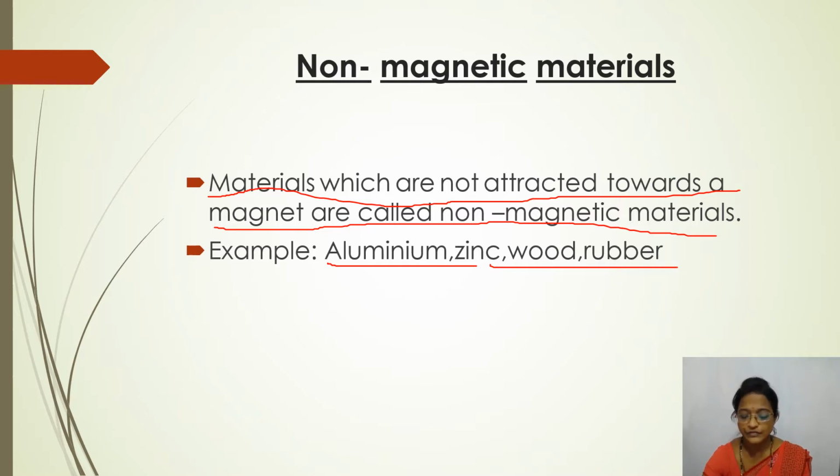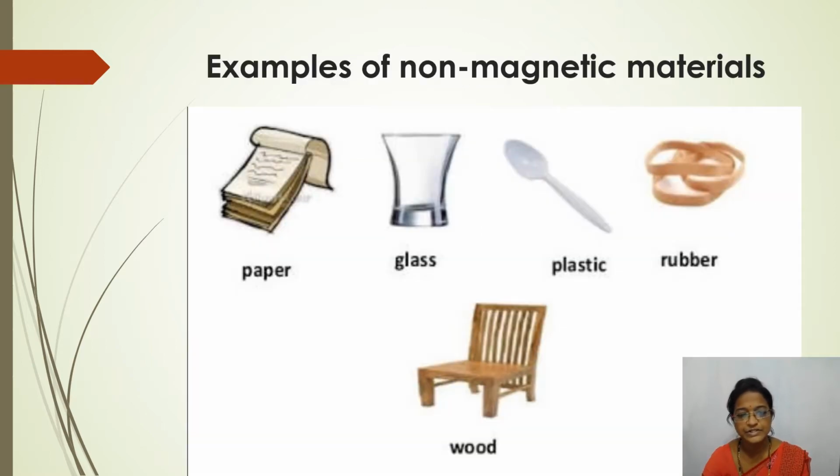We can see lots of examples here. Paper is a non-magnetic material. Glass is a non-magnetic material because it will not attract to a magnet. Even plastic, rubber and even a wooden chair. These are the examples of non-magnetic materials which will not attract to a magnet.